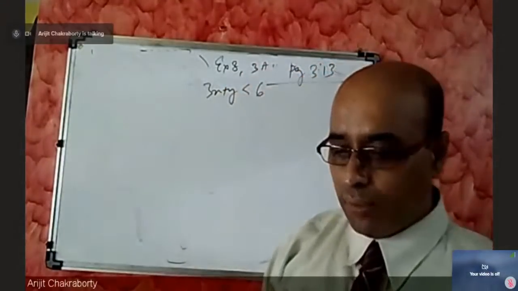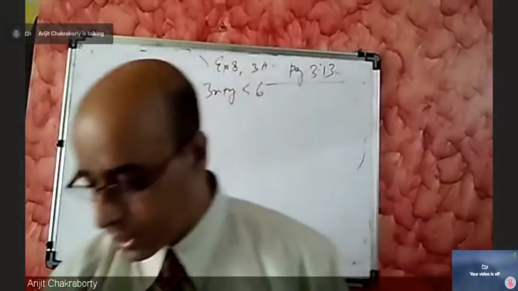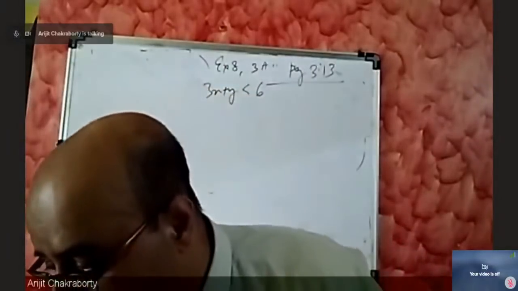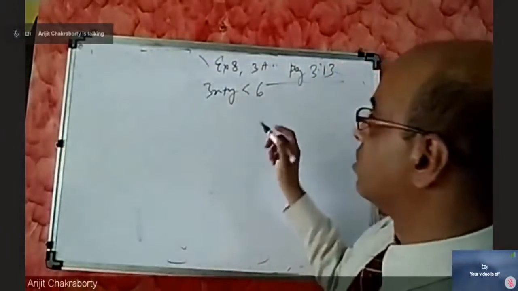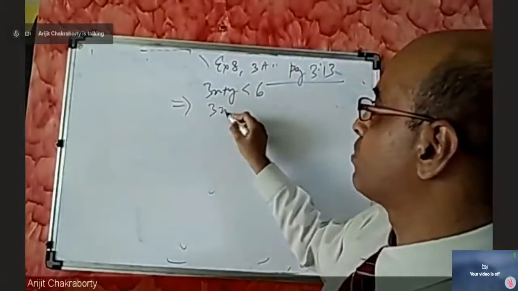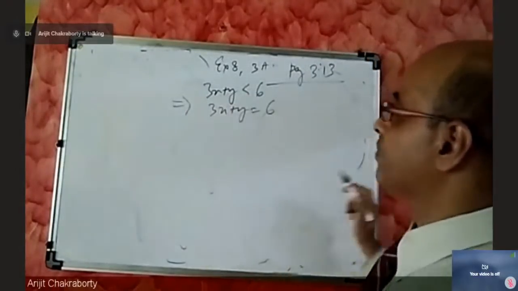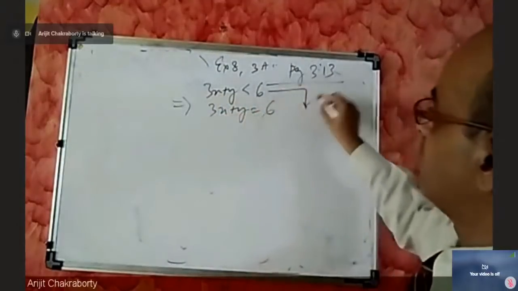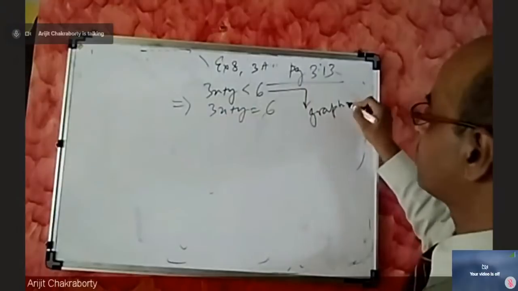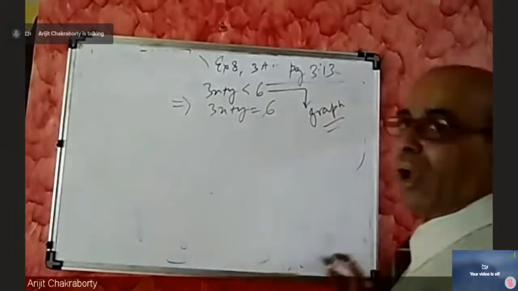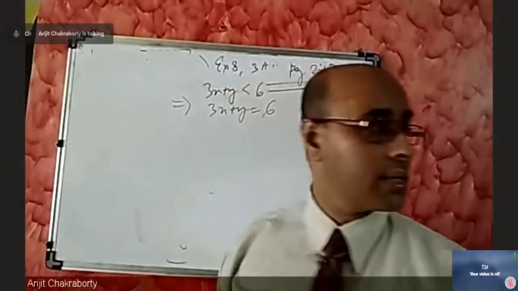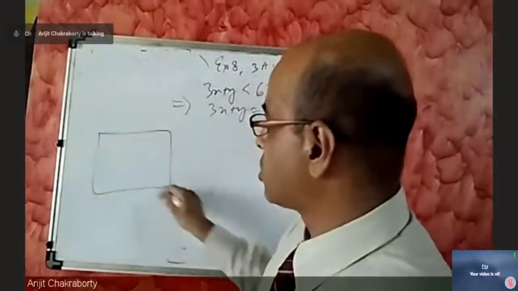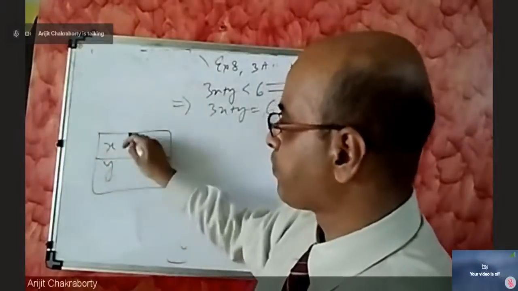Right. So now what we do, as I was discussing the last day, is first of all set x equal to 0 and then set y equal to 0. So first we say 3x plus y is equal to 6. The inequality is 3x plus y is less than 6, and we have to plot it graphically. Now for finding the coordinates of x and y, let us assume 3x plus y is equal to 6. So we need a box here, x and y.